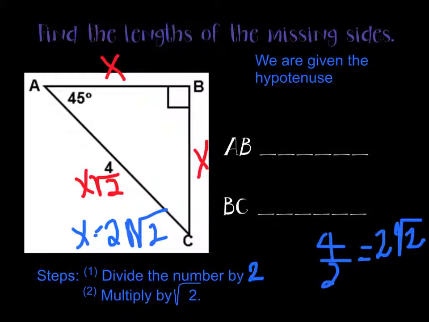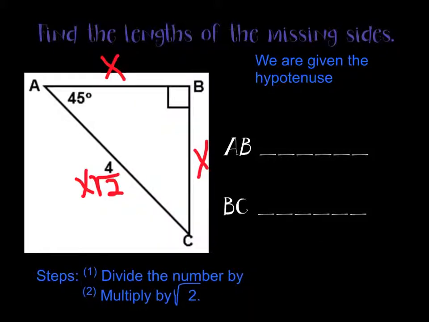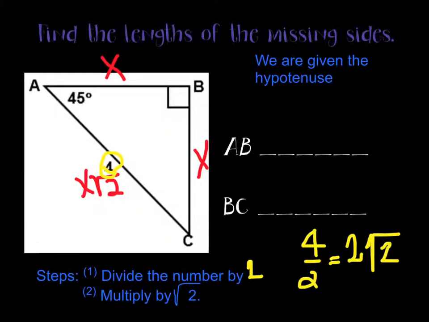We'll do it again. Divide your value that you're given for your hypotenuse, which is 4 in this case, by 2. 4 divided by 2 equals 2. Then we multiply by the square root of 2. Since you can't multiply those together, your x value is just 2 square root of 2.